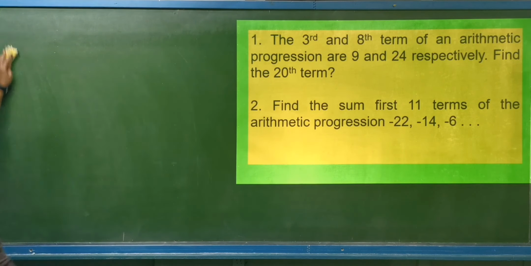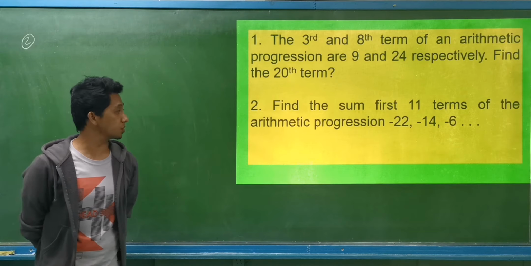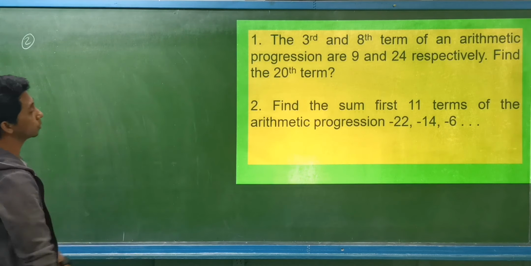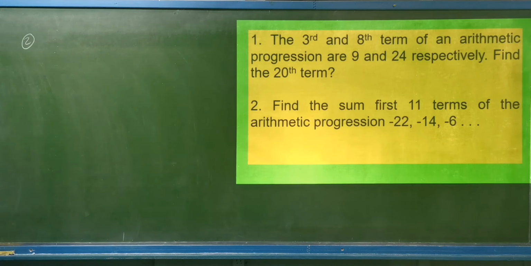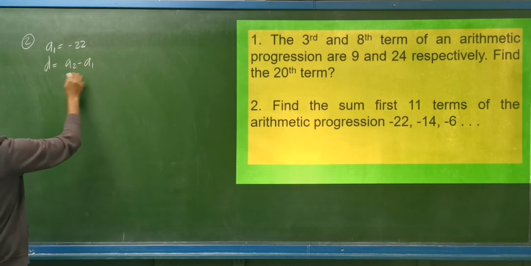So let's have the second problem. Problem number 2. Find the sum of the first 11 terms of the arithmetic progression negative 22, negative 14, negative 6. So our first term is equal to negative 22. What is our common difference? That is a sub 2 minus a sub 1.